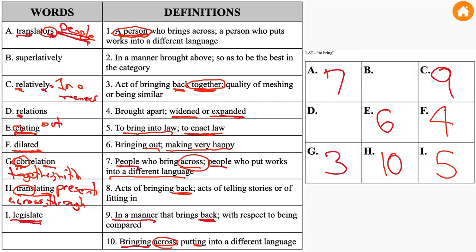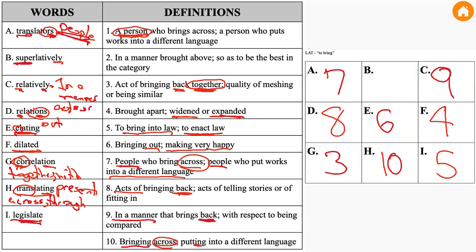Which means relations, what's IONS? Acts or processes of, yeah. So D would have to be acts of bringing back, acts of telling stories, or of fitting in. So D is 8. Yes. We narrowed that down, didn't we? So that means B is going to be 2, in a manner, ly.